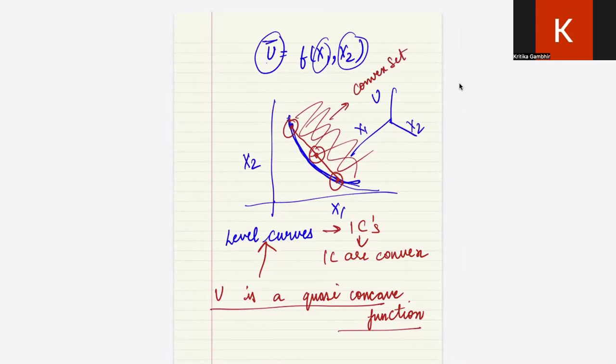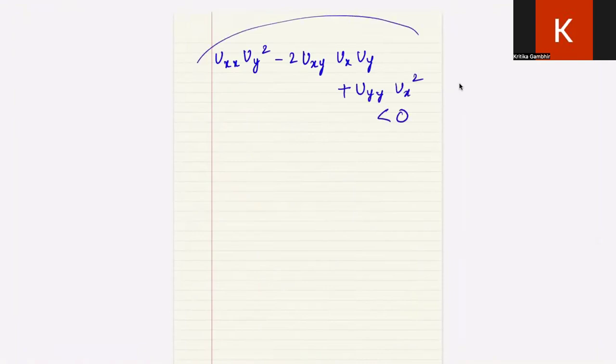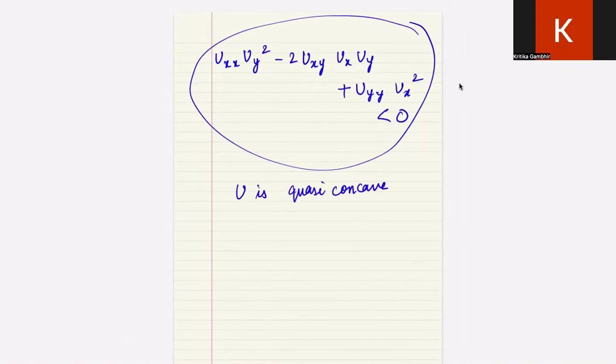Now, if all this is happening, U is quasi-concave, there is a mathematical condition which is derived using bordered Hessian, which is a condition that says U is a quasi-concave function, and its level curves, basically ICs, would be shaped convex.